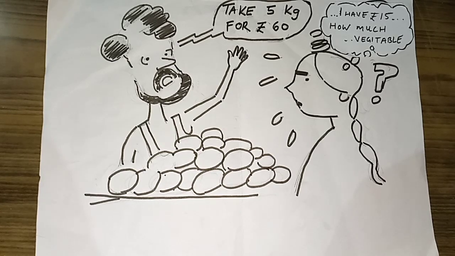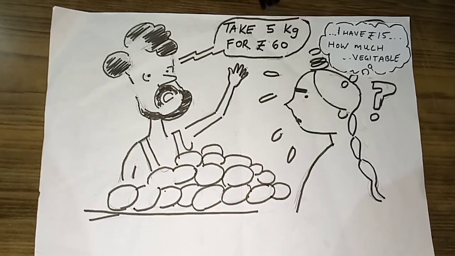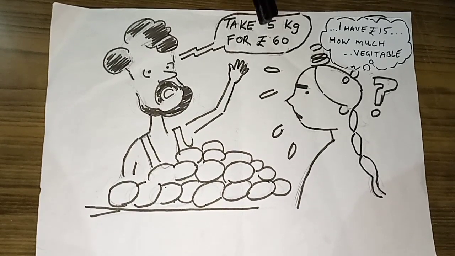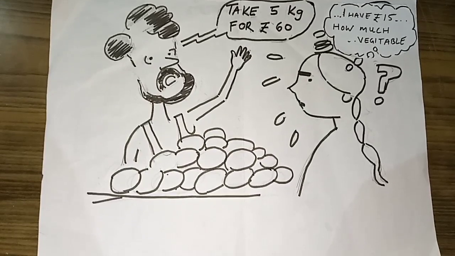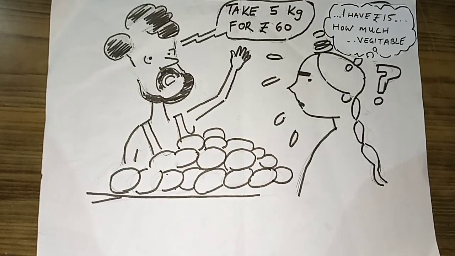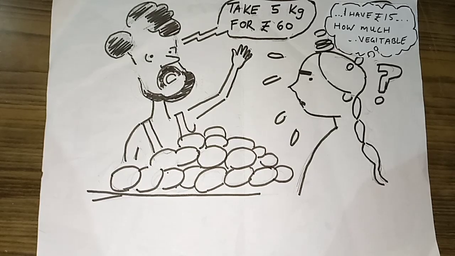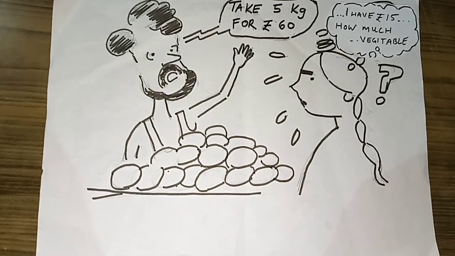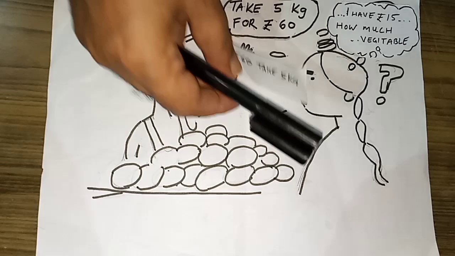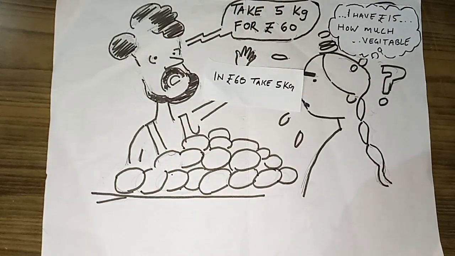See here the statement of the vegetable vendor. Take 5 kg for rupees 60. It needs to be changed. The same statement of the vegetable vendor can be said in a different way.